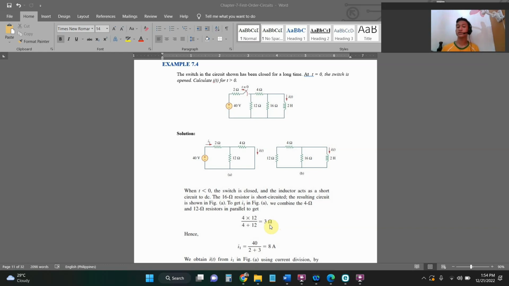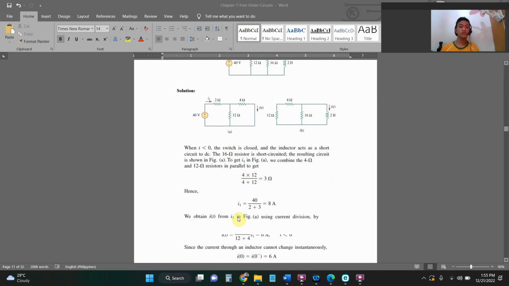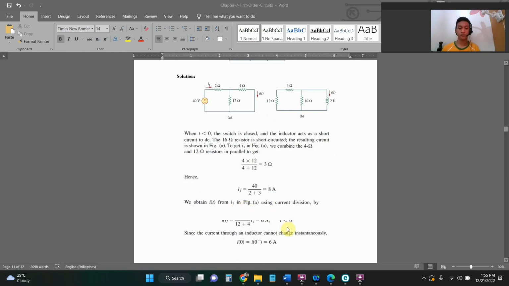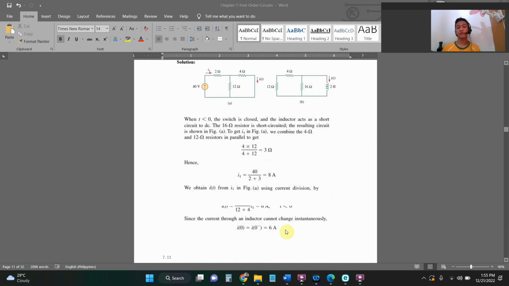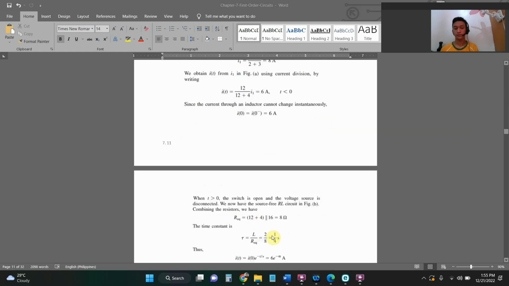We have the voltage of 40, and the 2 and 3 ohms, which we can add because they are in series. So we get I sub 1 as 8 amperes. We obtain I from I sub 1 in figure A using current division. Since the current through an inductor cannot change instantaneously, I0 is equal to I(0 minus), which is 6 amperes.